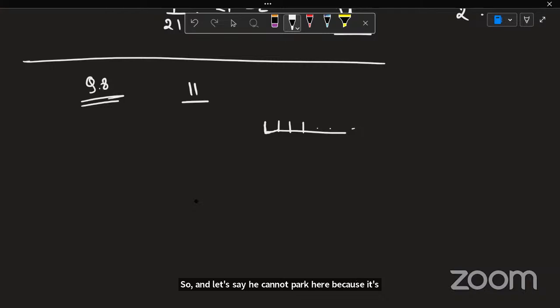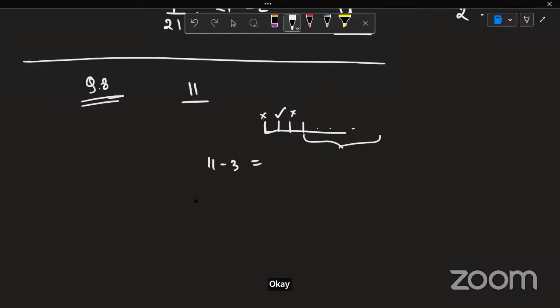Let's say he has parked here. In the question, it is given that both neighboring parking slots are empty for him. So here there is no car, here there is no car. Now, how many positions are left? 8, right? 11 minus 3, which is equal to 8.